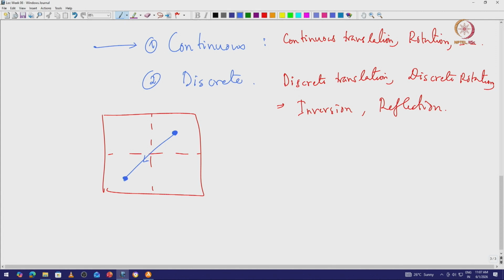And if I put a mirror at this point and then reflect it this way, if everything remains the same, that is a reflection symmetry. So, these are discrete. You can only change the x coordinate in this case to minus x, whereas y and z remain the same. So, these are the discrete symmetries.